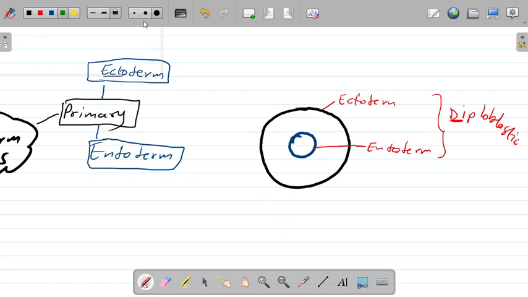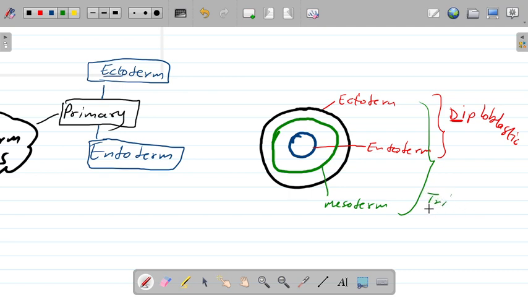But if we introduce a third, the secondary germ layer, a third one, and that is your mesoderm. So if it has three germ layers, your mesoderm, ectoderm, and then your endoderm, they are known as, what is the prefix for three?